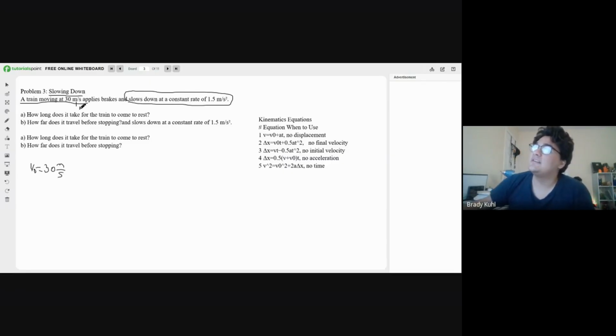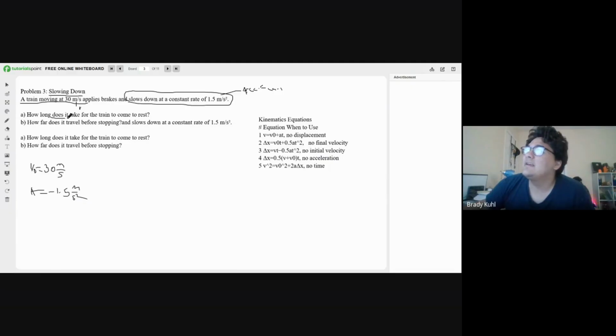This is velocity. Velocity is meters per second. This here is acceleration, meters per second squared. So now we have a, which equals negative 1.5 meters per second squared, because it's slowing down.